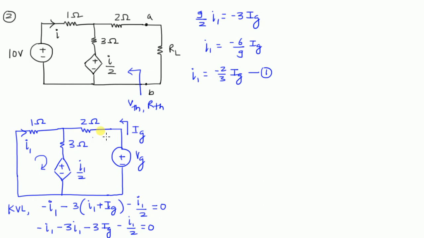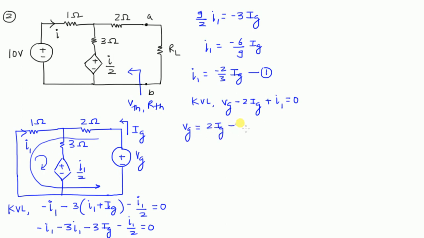Now we will apply KVL in this path. So VG, rise in voltage, then drop 2IG, and then rise in voltage I1, that is 0. So VG is 2IG minus I1. Now we will substitute I1 here.